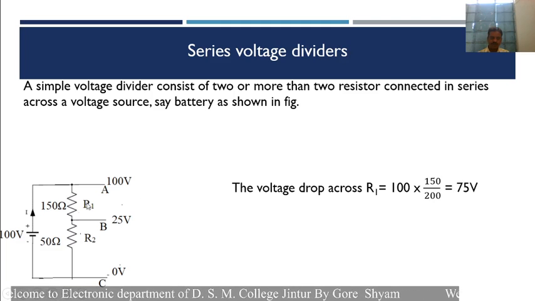Therefore, out of 100 volt, 75 volt is dropped across this resistance.